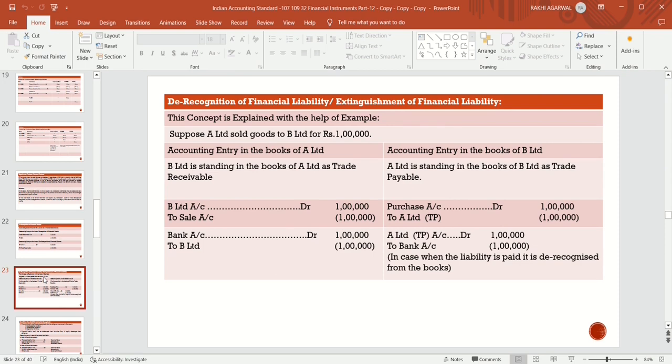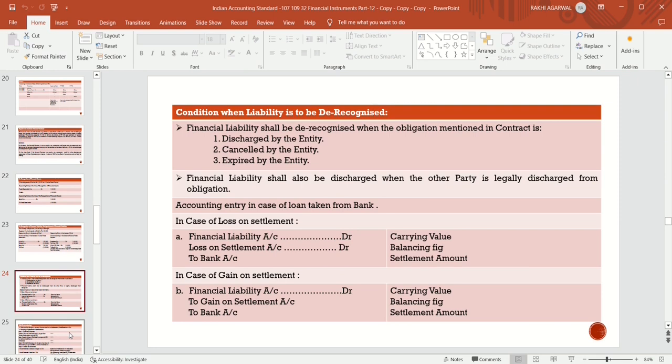When the liability is paid, it will be de-recognized from the books. What is the condition for when the liability is to be de-recognized?